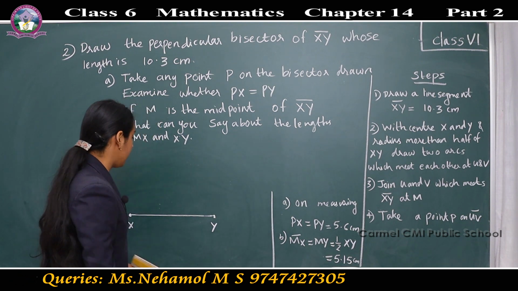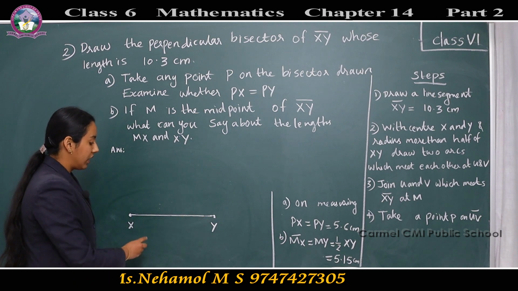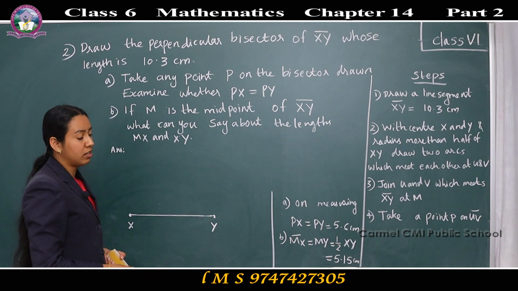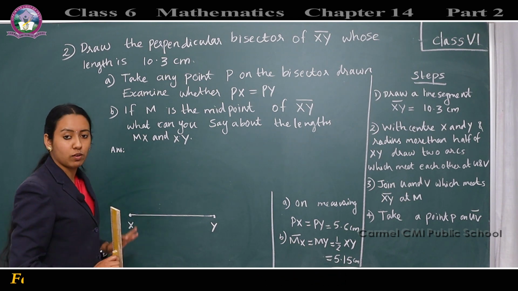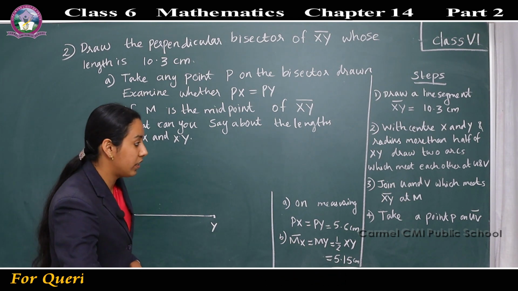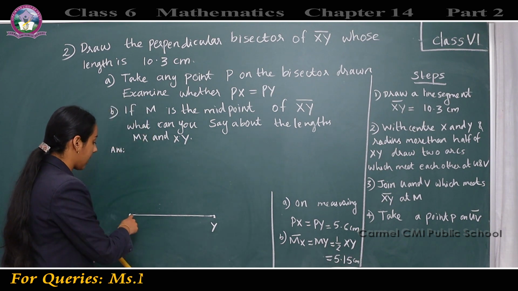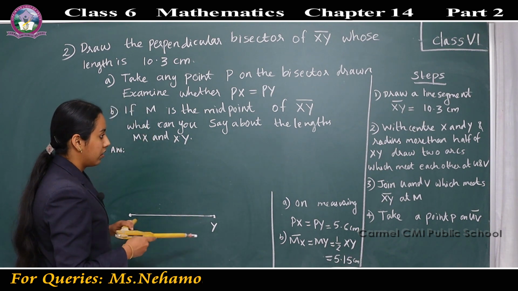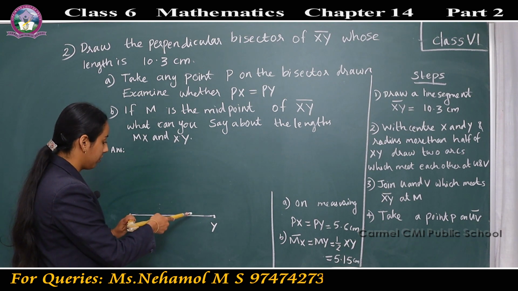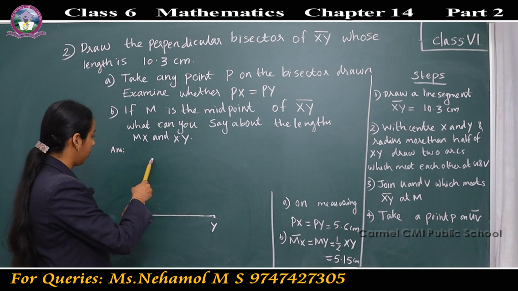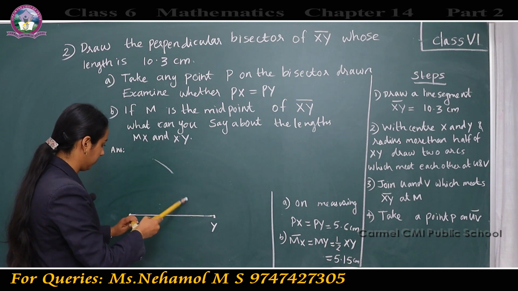Here a line segment XY of length 10.3 centimeter is drawn. Then what is the next procedure? We have to draw the perpendicular bisector. How can we draw it? With the centers X and Y, take radius more than half of XY and then draw arcs.